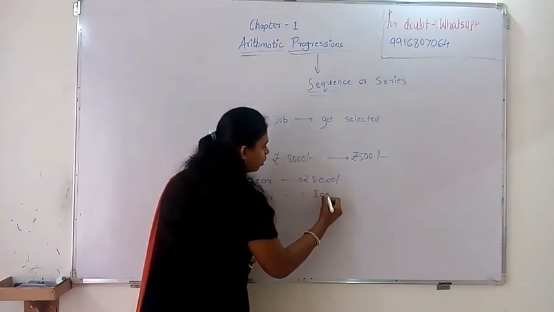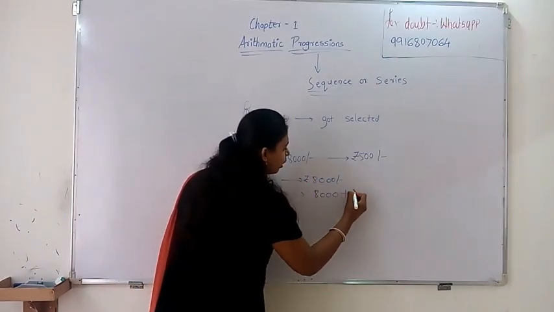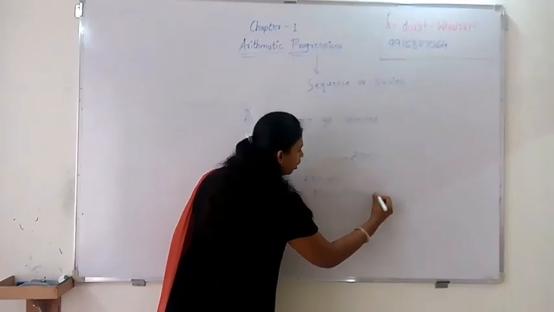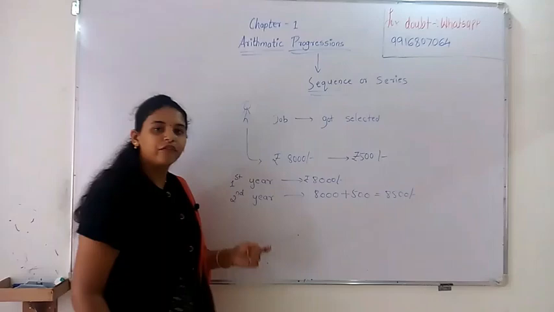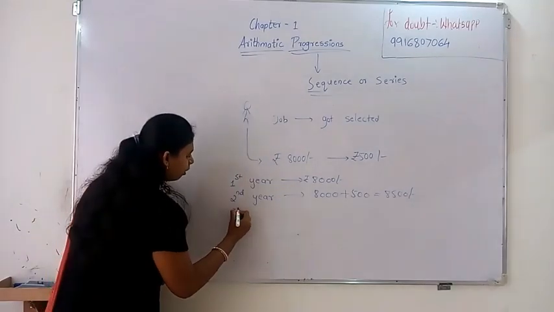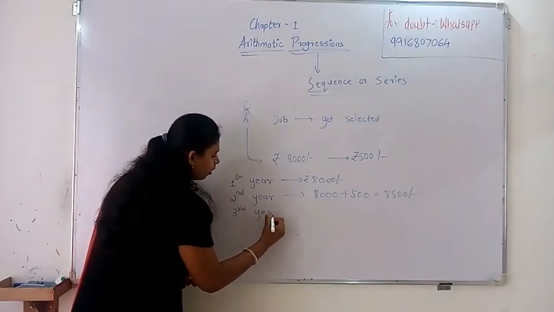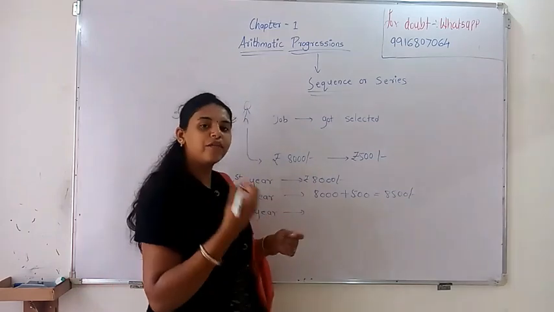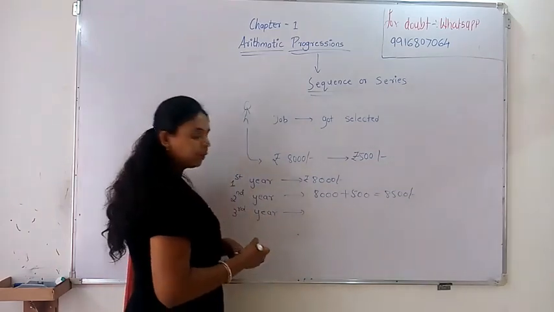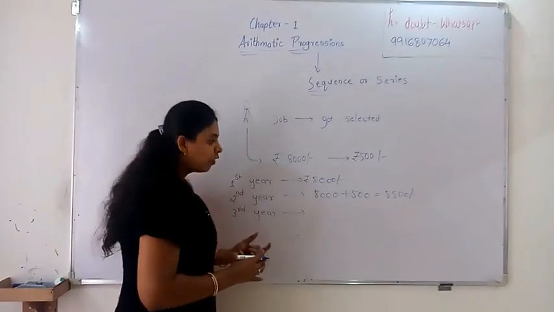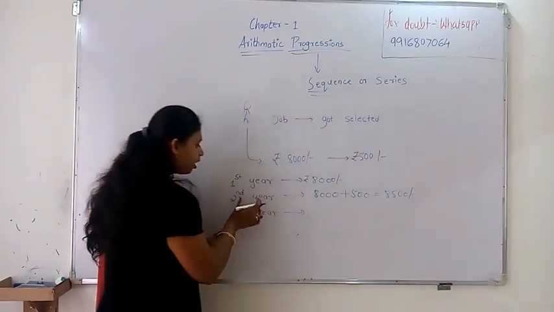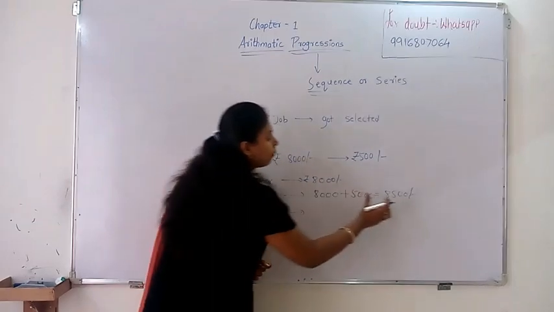So 8,000 plus the increment for this 1 year, she'll get 8,500. Then third year, again the increment will be the same, 500. So we add that 500 to the second year's income.